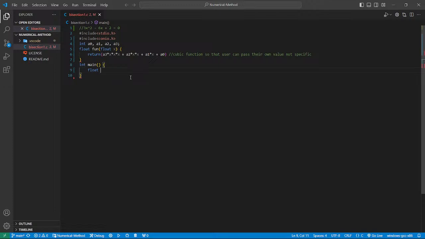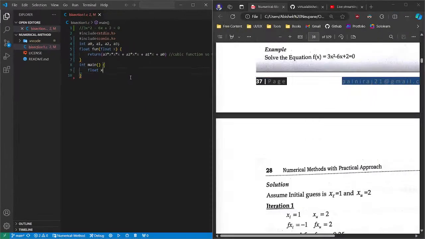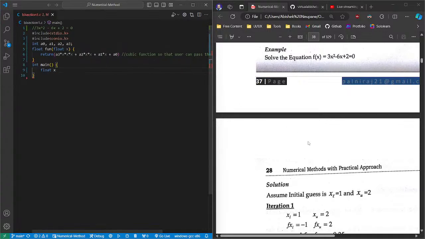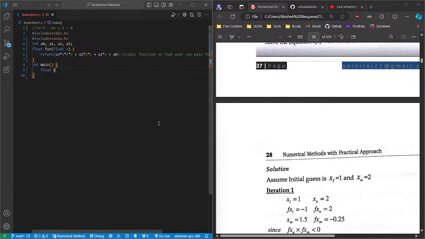We need a lower value, x lower, x middle, x upper, and we need the function of xl, the function of x upper and the function of x middle. And we need one error, which is specified already in the question. We also calculate the absolute relative error, right?